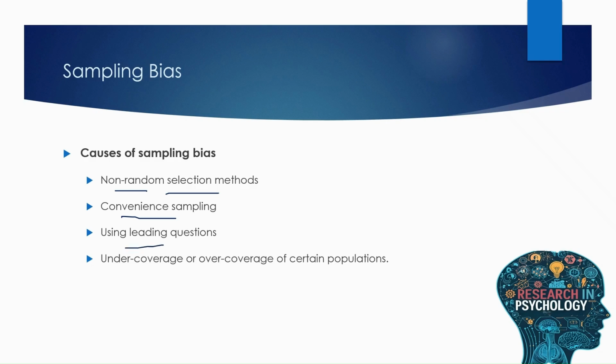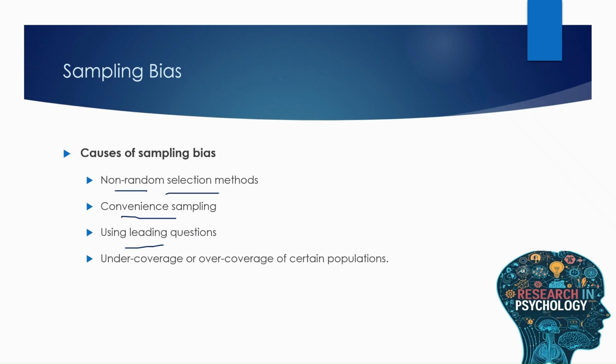Thirdly, using leading questions. Leading questions are questions which are phrased in such a way that they subtly point towards the expected answer from the participants, which means it would be influencing the participant to provide a specific or predetermined answer, right?